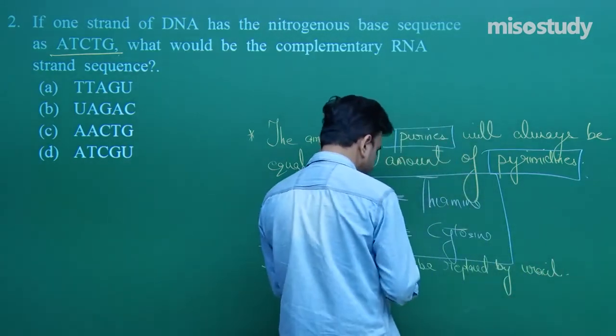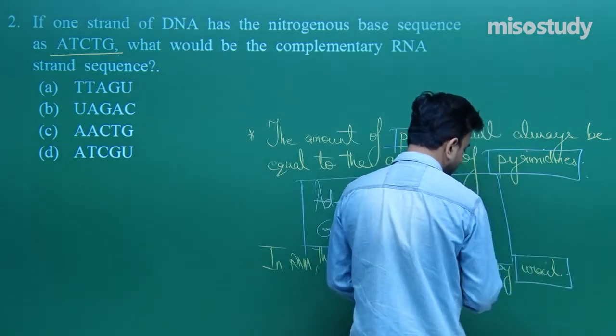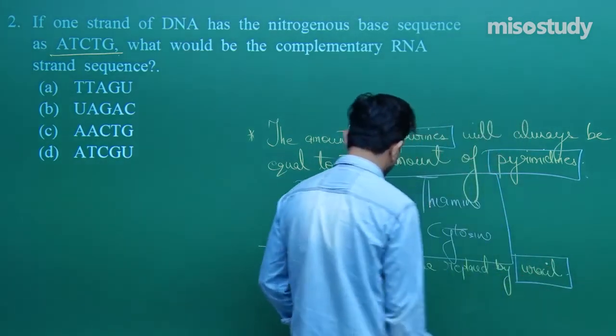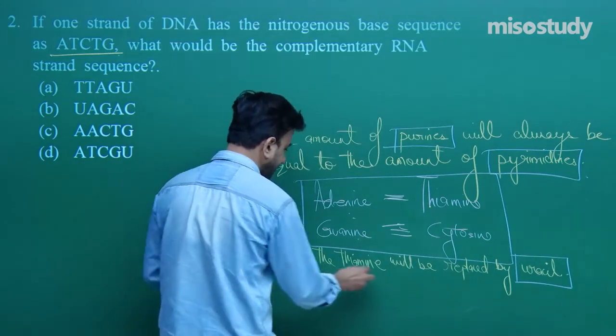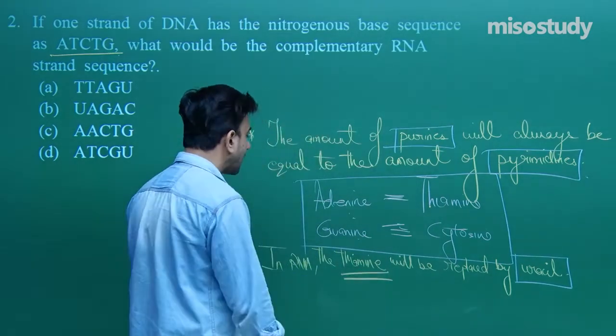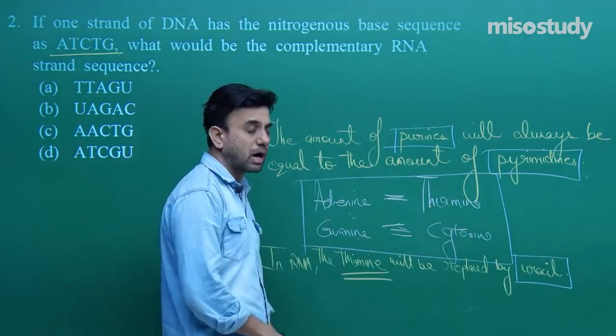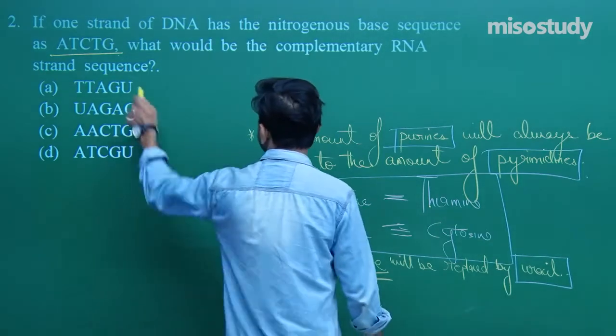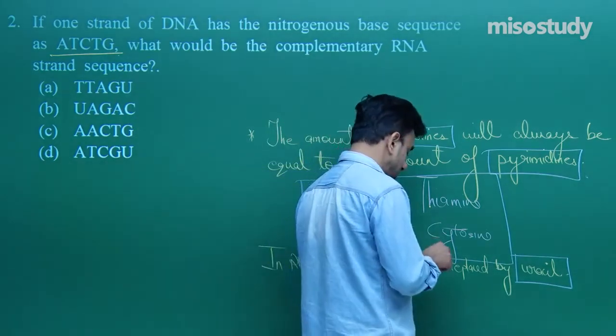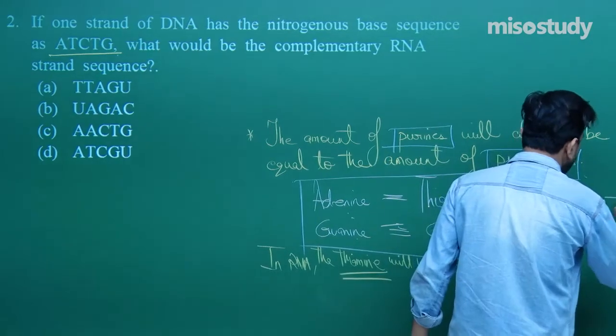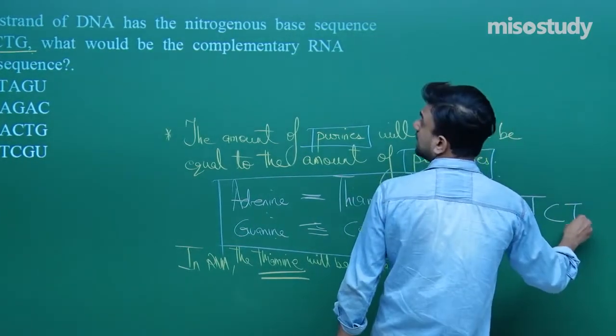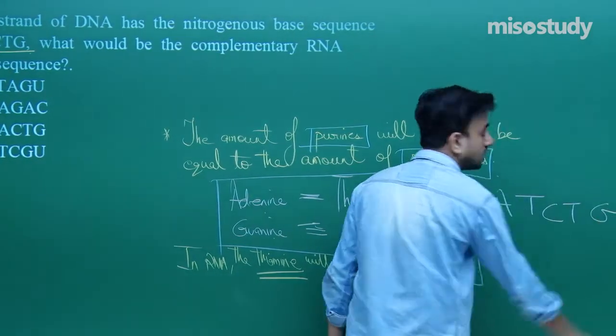In RNA, the thymine will be replaced by uracil. So hence let us see ATCTG.